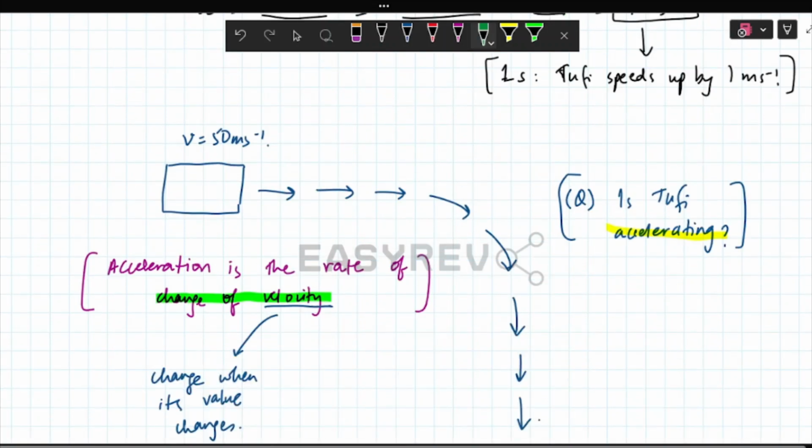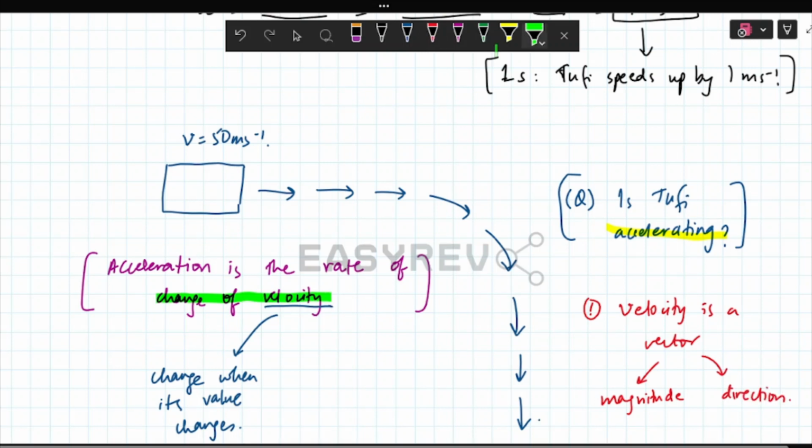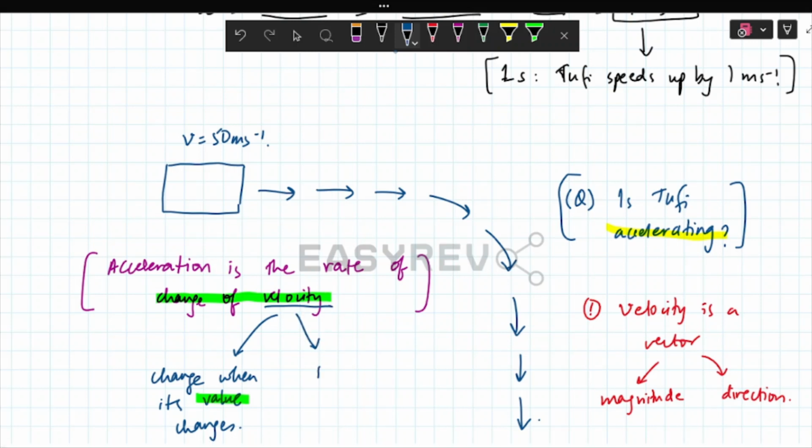But we have to remind ourselves, and in fact I'll write it here, that velocity is a vector. Since it's a vector, it has magnitude or a numerical value and a direction. So a change in velocity doesn't just entail the scenario where its magnitude or its numerical value changes, but it also is possible when there's a change in direction.